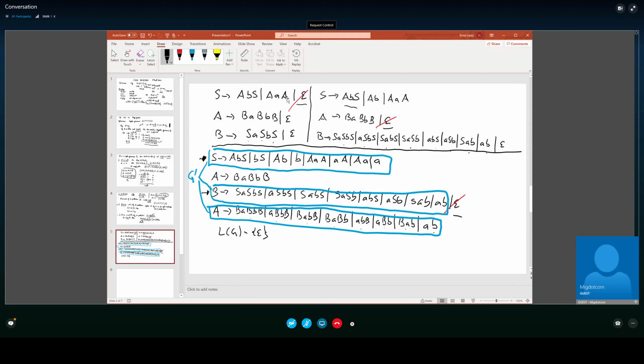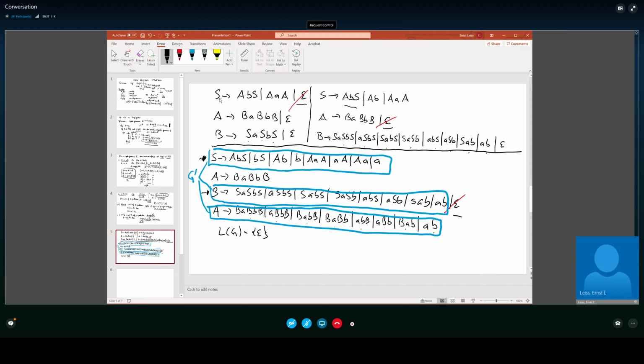And in here, why did we choose to get rid of S first? Or is that the question that you just answered? No. If you want to get rid of the B goes to epsilon first, you can do that. Ultimately, we want to get rid of all epsilon productions. I simply started at the top and worked my way down: S goes to epsilon, A goes to epsilon, B goes to epsilon.